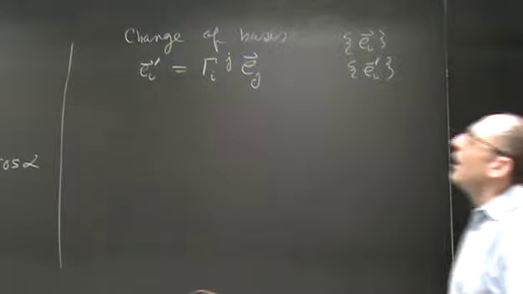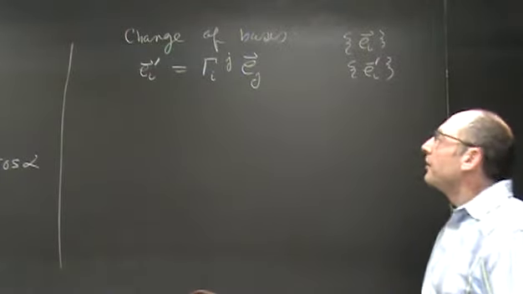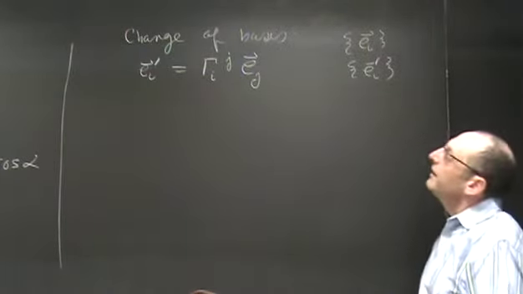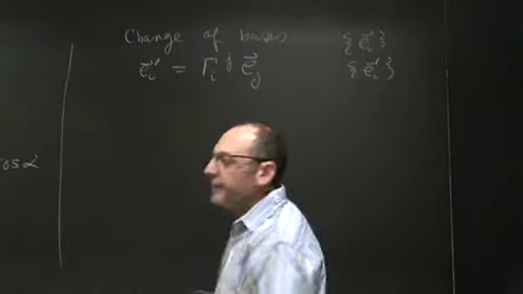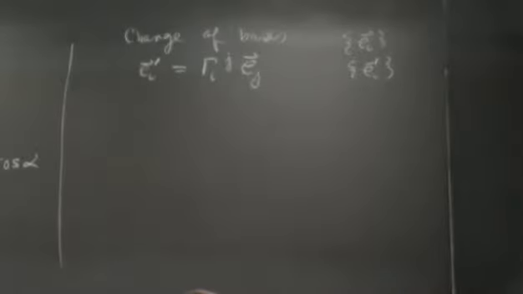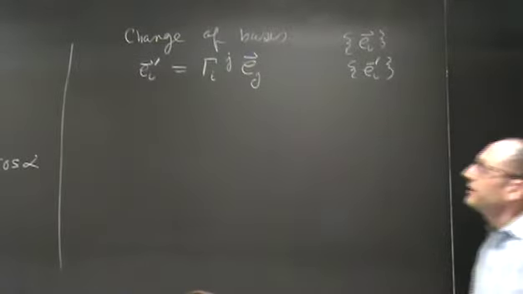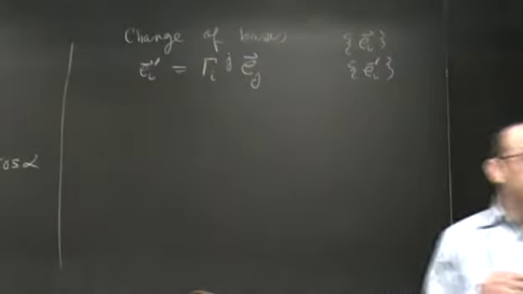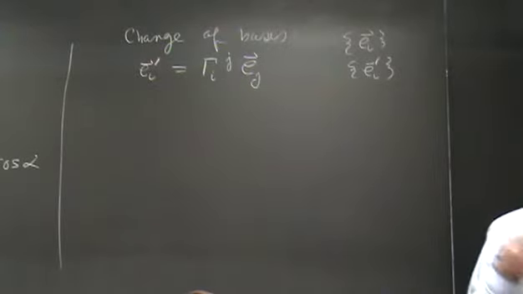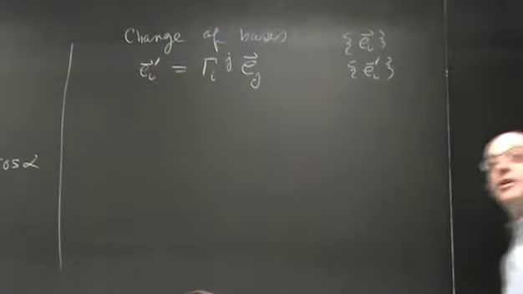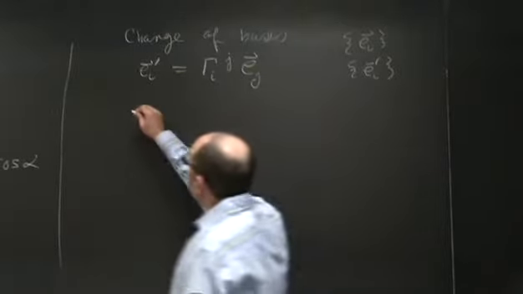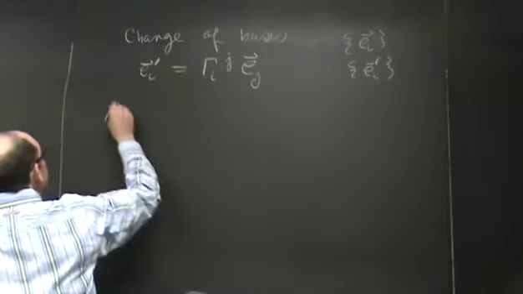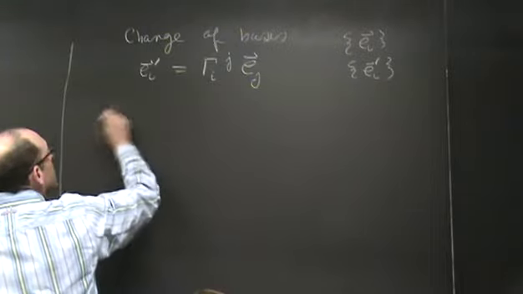Okay, now we can ask the question, what is the condition on this change of basis matrix such that the metric is preserved, and thus distance is preserved relative to the new coordinates.